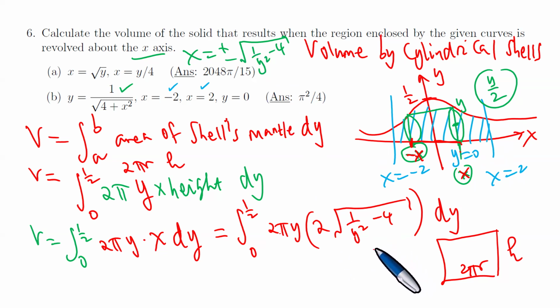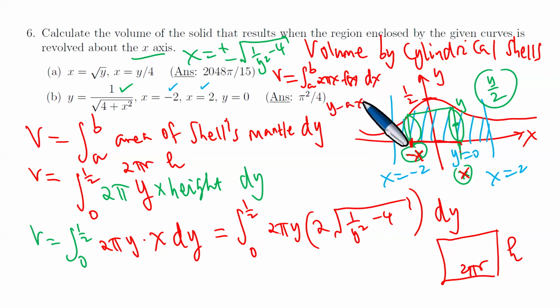Note that when you are doing this calculation, you need to always use the fact that it's 2 pi y dy. Why is this? The volume formula, for instance the one we did in the textbook, is the integral from a to b of 2 pi x f of x dx, and this one would be the volume about the y-axis for the cylindrical shells.